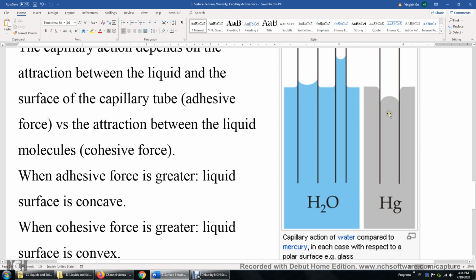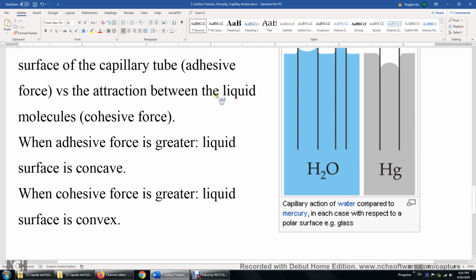Therefore, mercury is trying to reduce the contact between itself and glass to have this convex liquid surface. Again, over here, water is trying to maximize the contact area between itself and glass.